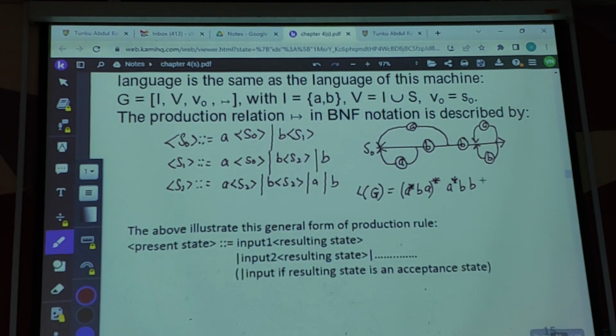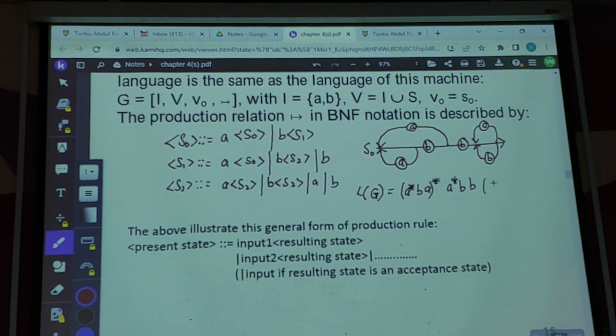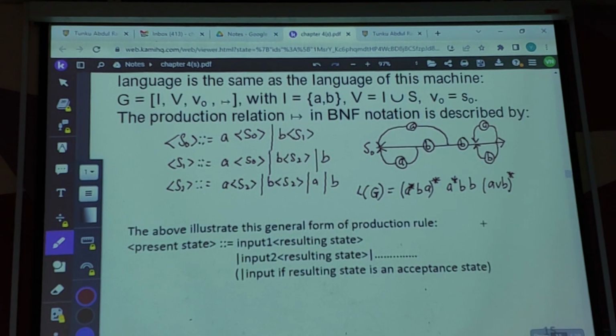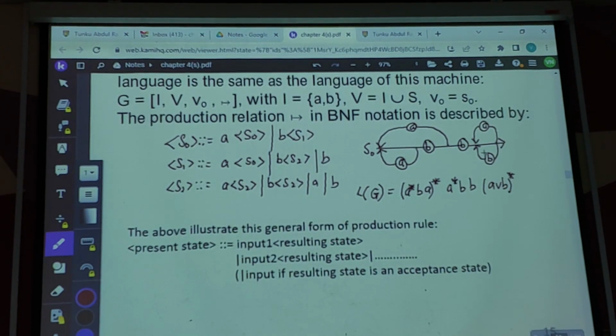And what happened after this? A or B. A or B loop. So at S2, the loop is for the A S2 or B S2, meaning that you want to loop the A or B or not, not compulsory.